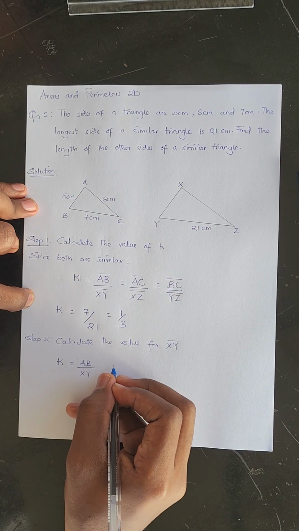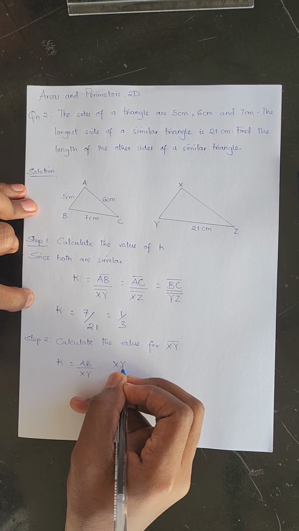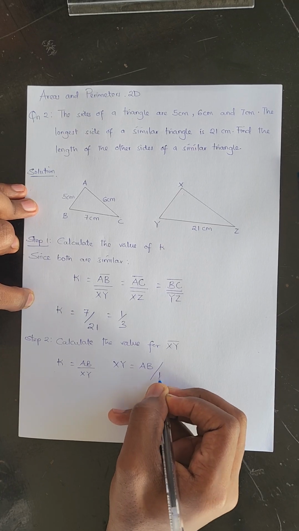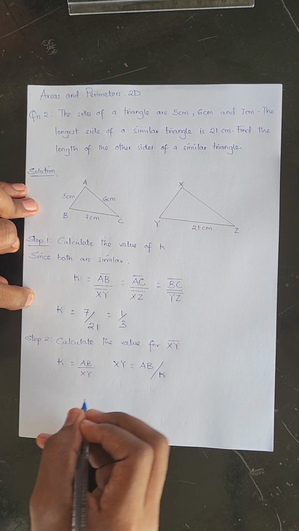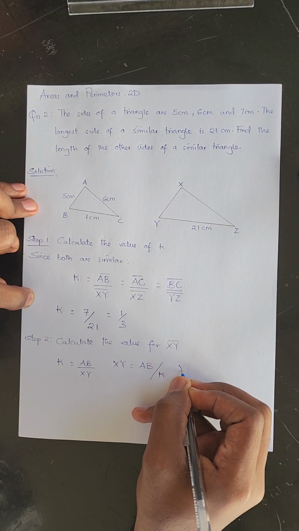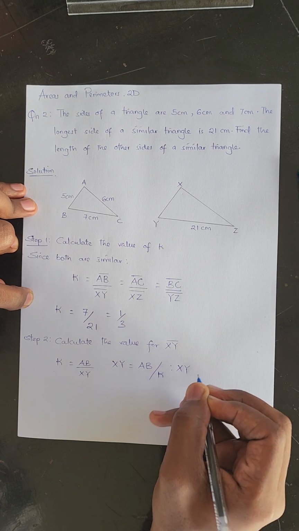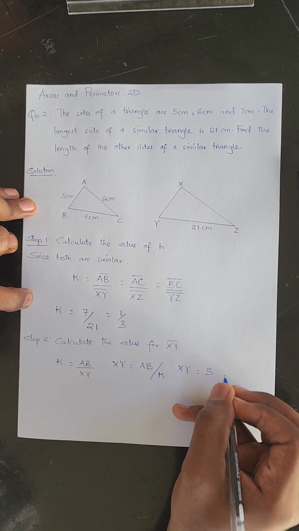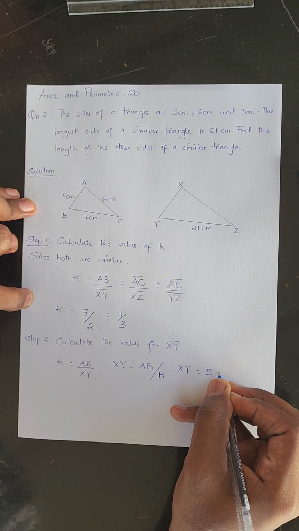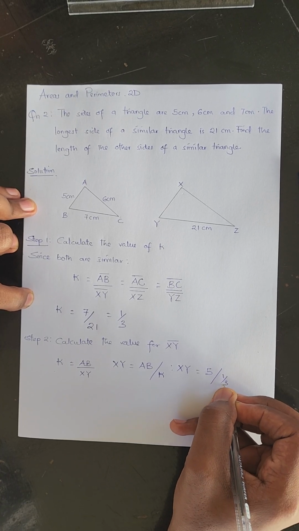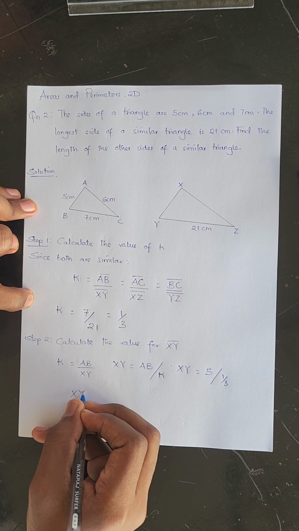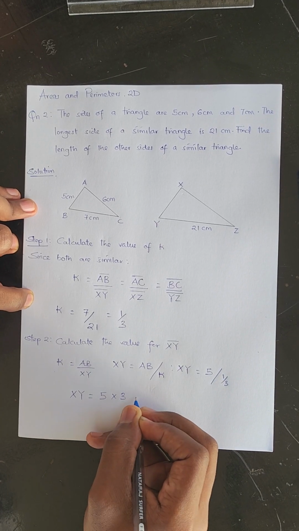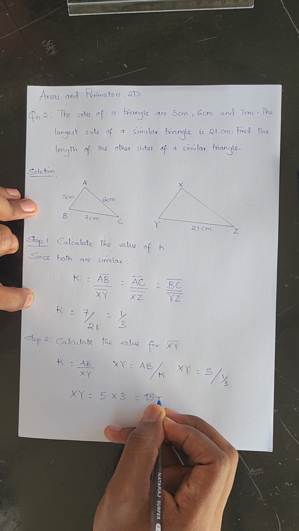Making XY the subject gives us XY equals AB over K. So XY will be equal to, what is AB? 5 over 1 over 3. So XY equals 5 times 3, which gives us 15 centimeters.